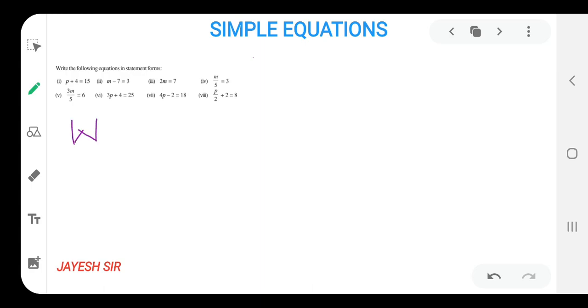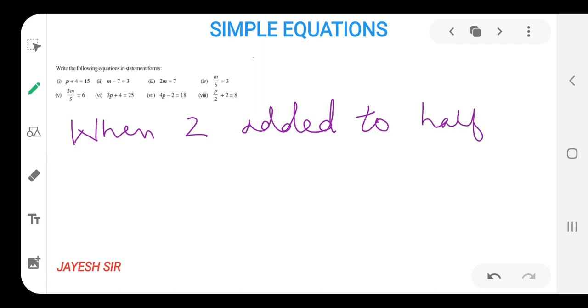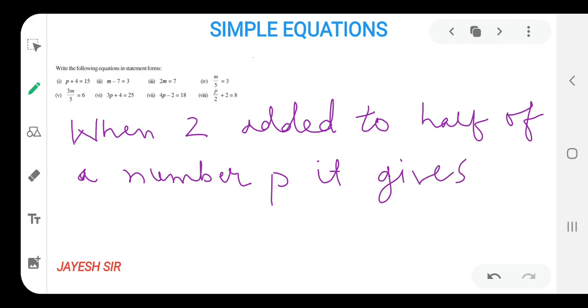When 2 is added to half of a number p, it gives 8. What I have written: when 2 is added to half of the number p, that means half of p, when 2 is added, it gives 8. A similar type of equation we are getting over here. I hope you all might be getting it, friends.